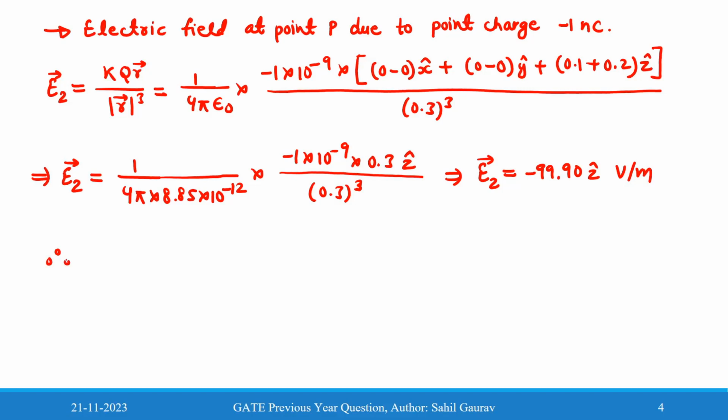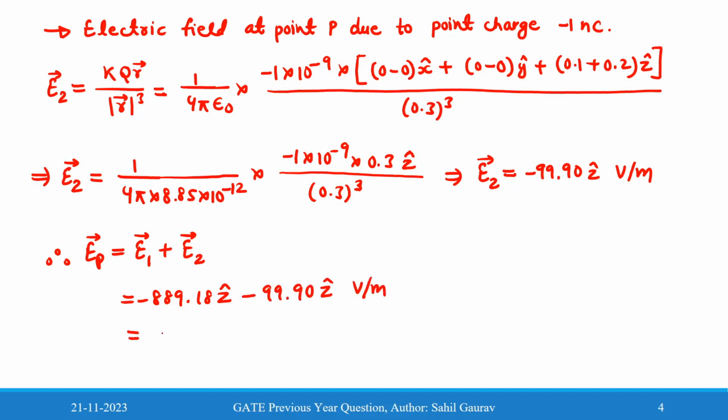Therefore, electric field at point P will be E1 plus E2. So E1 we have found that is minus 889.18 volt per meter z cap, and E2 is minus 99.90 z cap volt per meter.